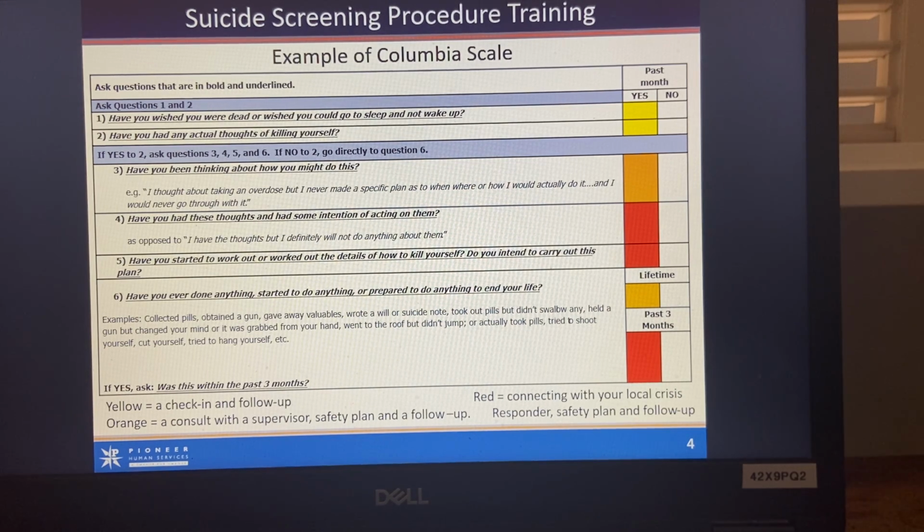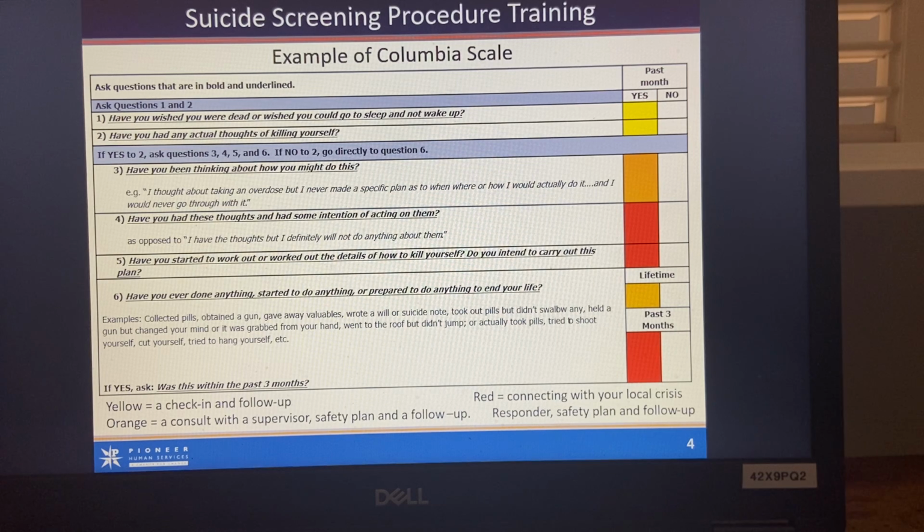As you can see from down below, the colors are then associated with what you need to do as a staff individual. If a person is answering in the yellows, so getting a score of 1 to 2, they are in the low risk. And typically what we're asking is that an individual has continued check-ins as well as a follow-up plan.